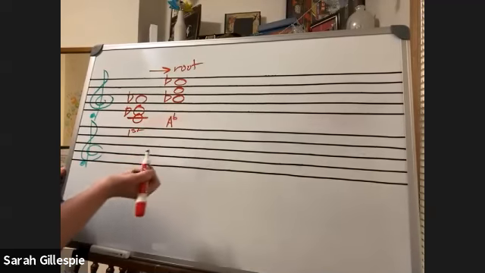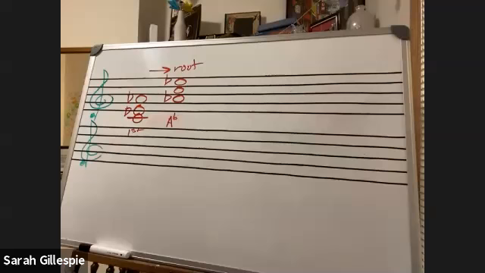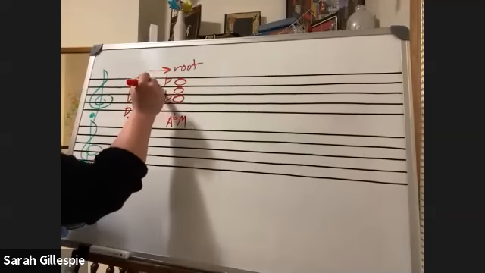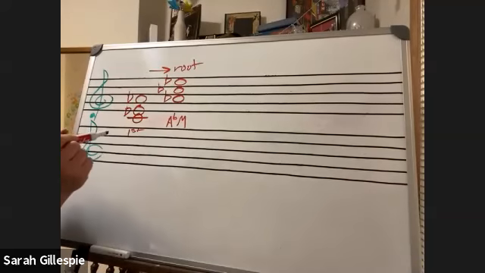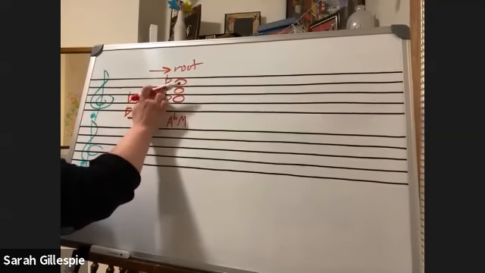Now my next question is, is this A flat major or A flat minor? Maya, I'll ask you again. Minor? Did you say minor? It is not minor. Oh, it's major, right? If it was minor, it would actually have a C flat in it too. So it is an A flat major chord, right?